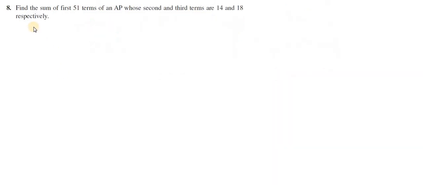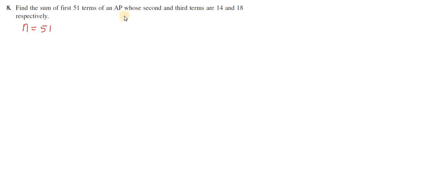Now here, find the sum of first 51 terms of an AP whose second term and third term are 14 and 18 respectively. So they gave here what and all they gave, we'll write first. They gave n is equal to 51.